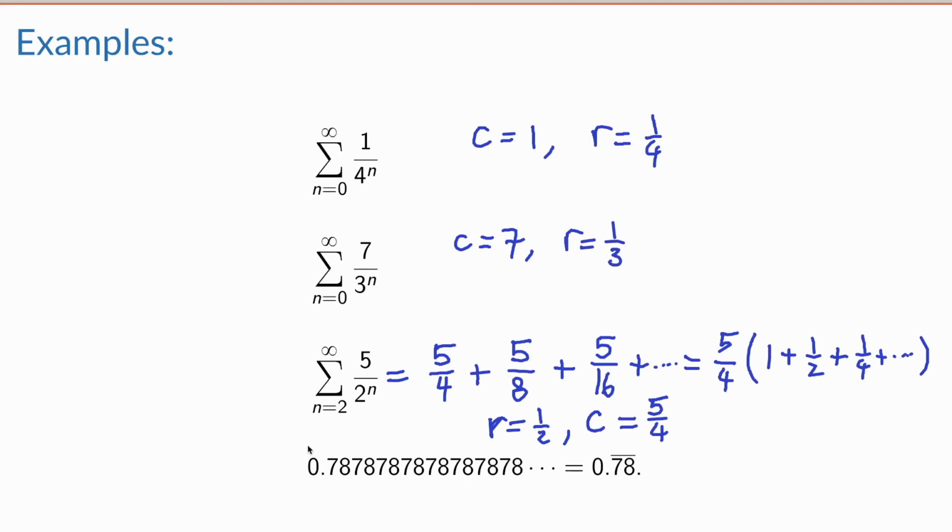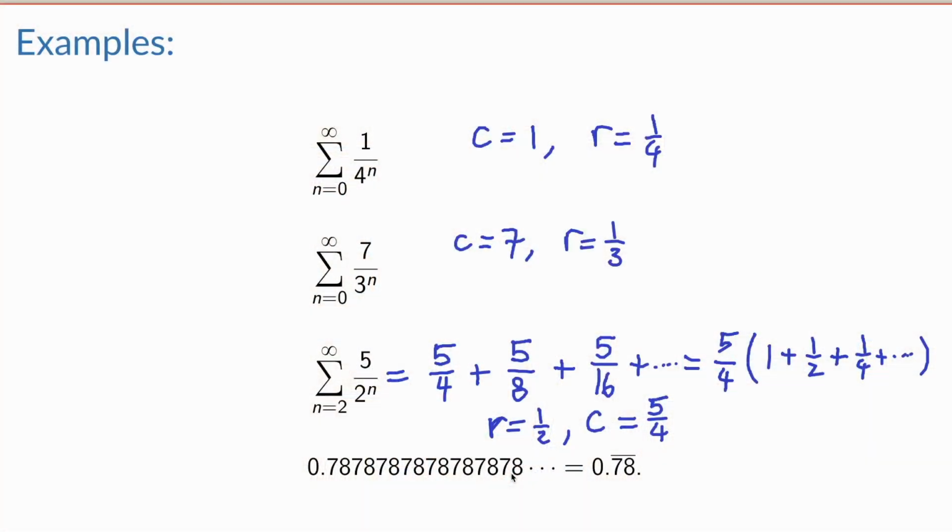And now this last one, this 0.78787878 with this repeating decimal, is maybe not obviously a geometric series, but it is. All of these repeating decimals can be understood as geometric series. So let's go ahead and analyze that in a little more detail.